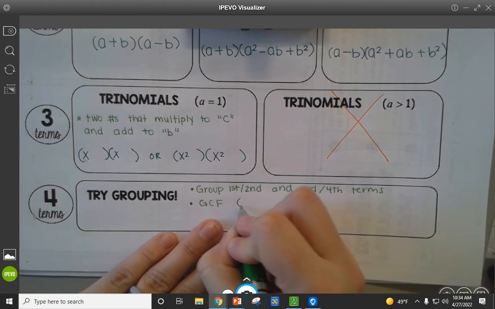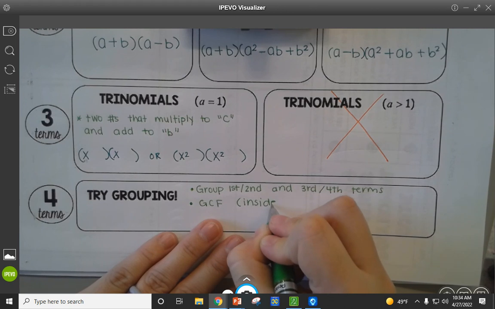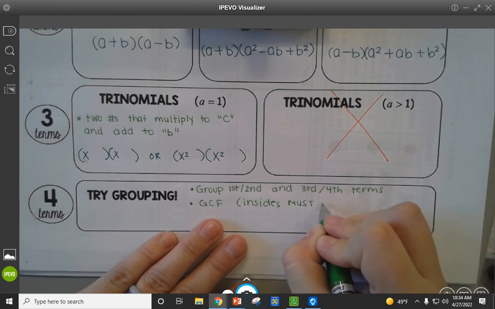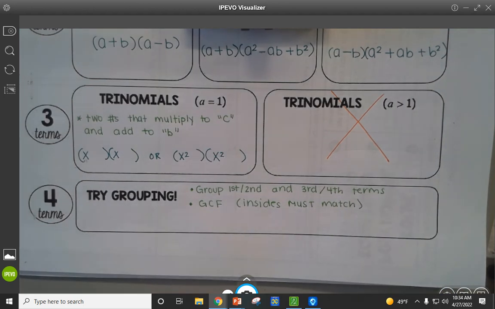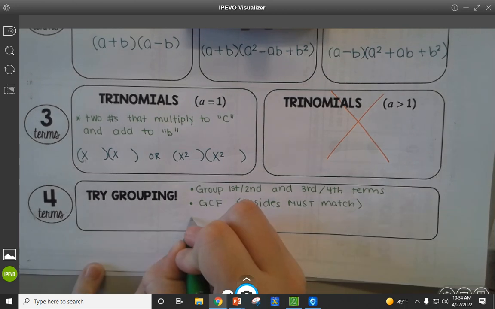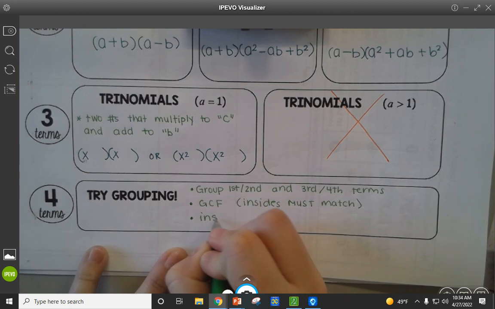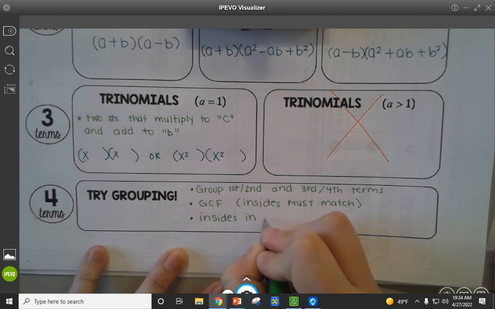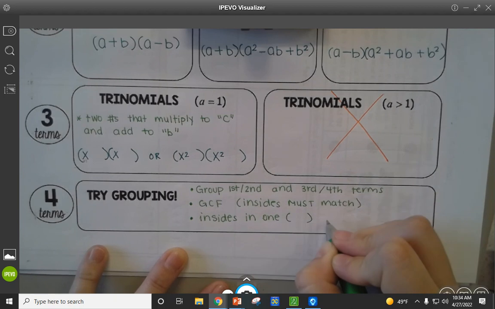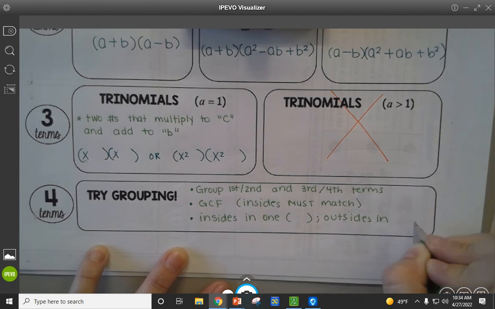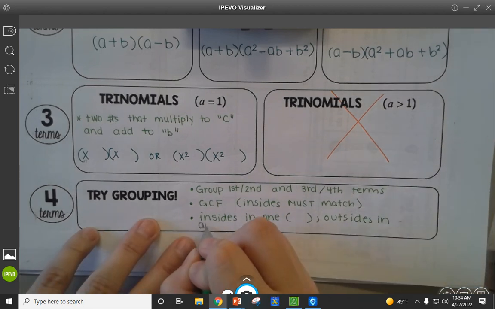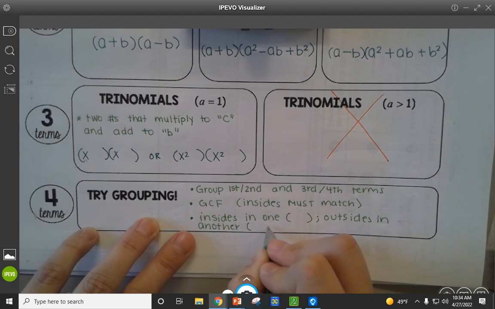Then you do GCF, insides must match. And then remember, in your answer, you have your insides in one parenthesis, outsides in another parentheses.